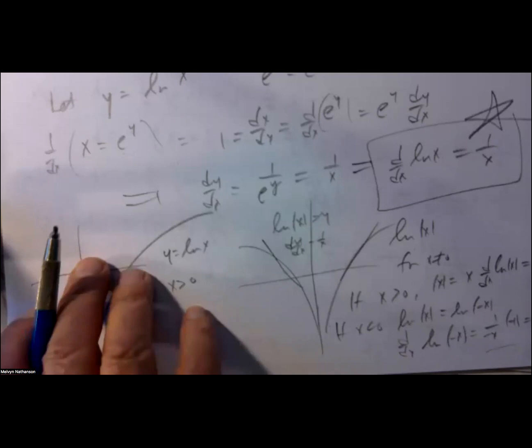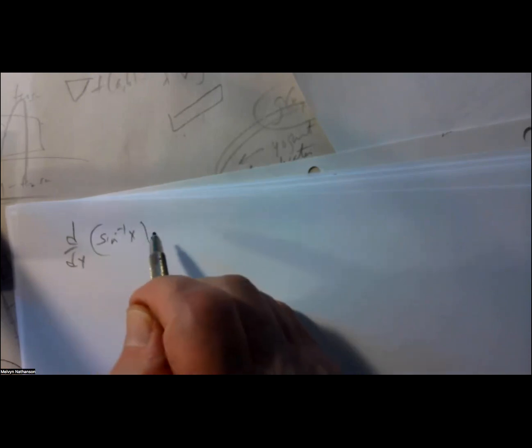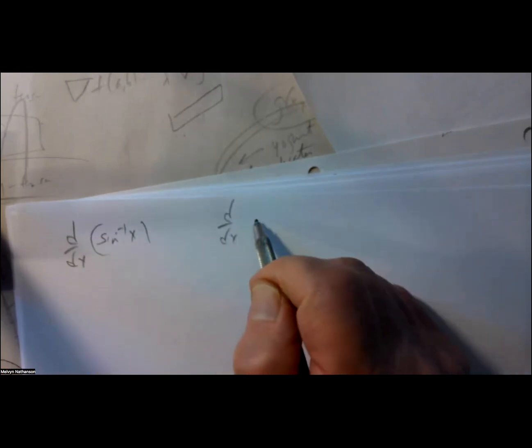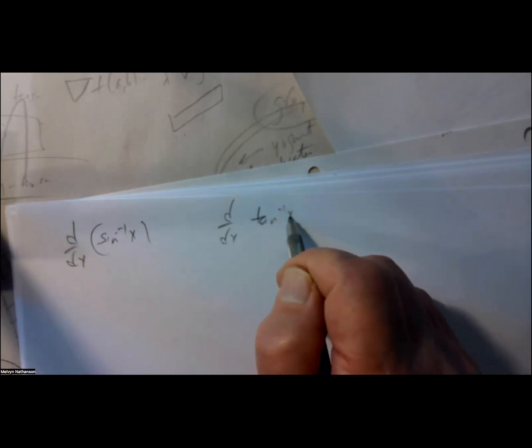The only functions whose derivatives we don't yet have are the inverse trigonometric functions, the inverse sine, the inverse cosine, and so forth. And let me just show quickly, I'll go over this again on Wednesday, how we find the derivative with respect to x of the arc sine or the inverse sine of x, and the derivative with respect to x of the inverse tangent of x.